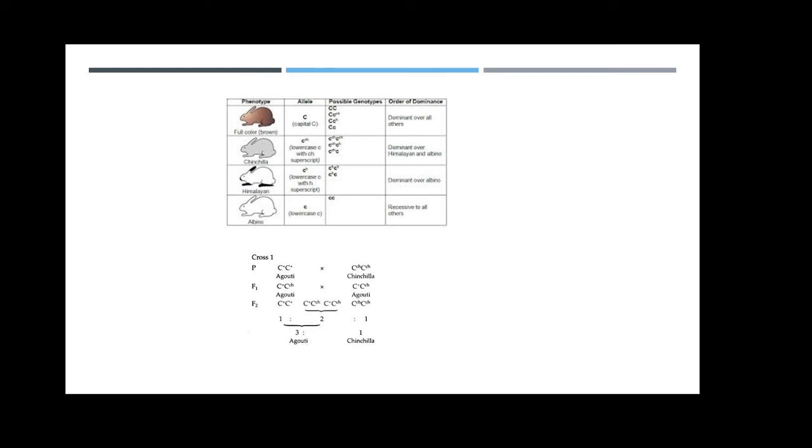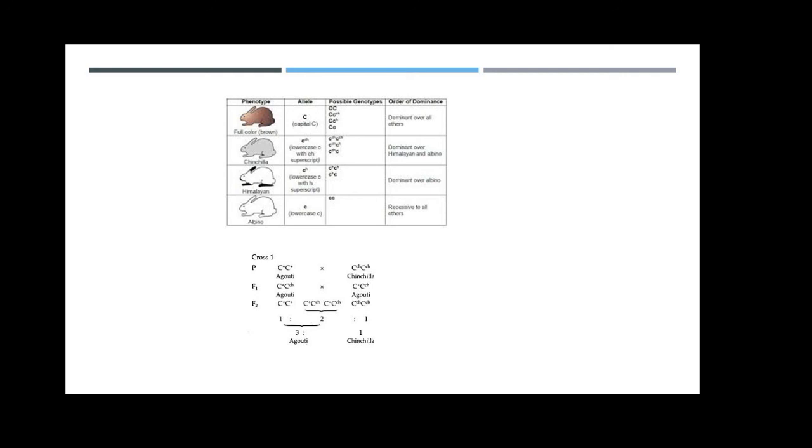Scientists, when they did these studies, found the 3:1 Mendelian ratio, the F2 monohybrid cross Mendelian ratio. When agouti is crossed with Himalayan, chinchilla or albino, they found agouti is dominant because it gives a 3:1 ratio. Three agouti and one chinchilla. Like this, if we cross agouti and Himalayan, we get 3 agouti, 1 Himalayan.